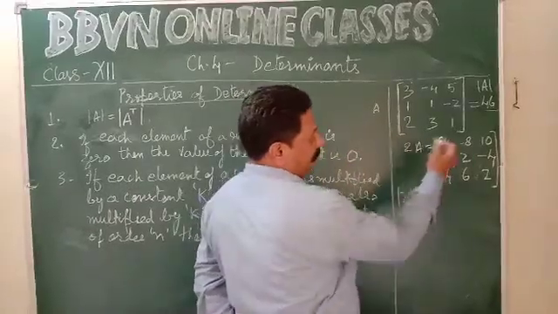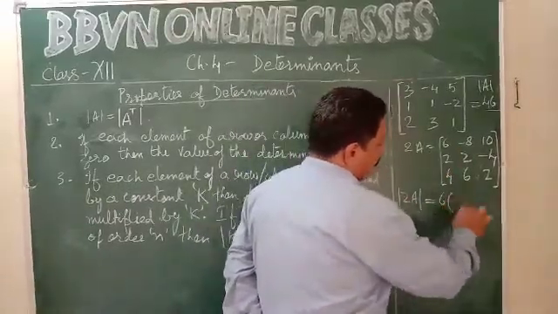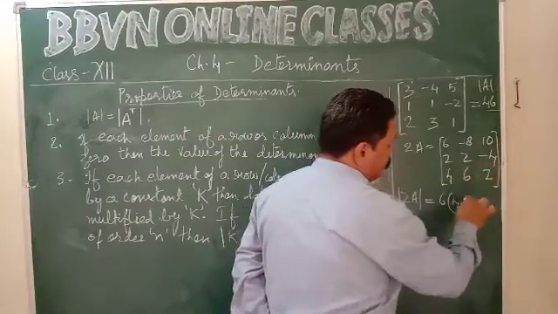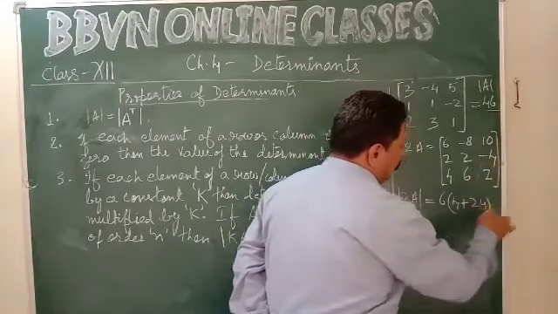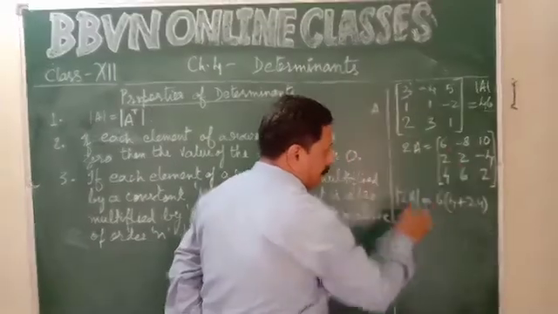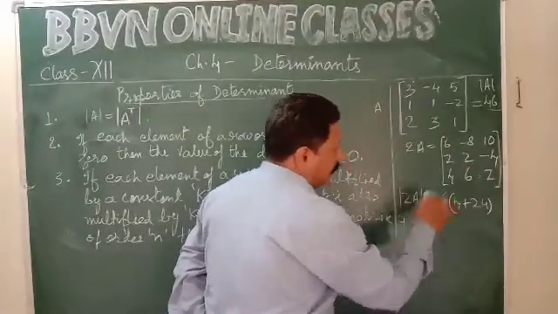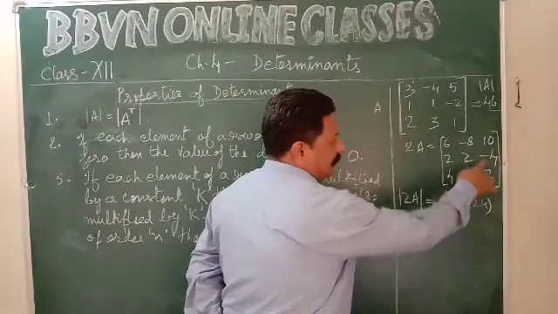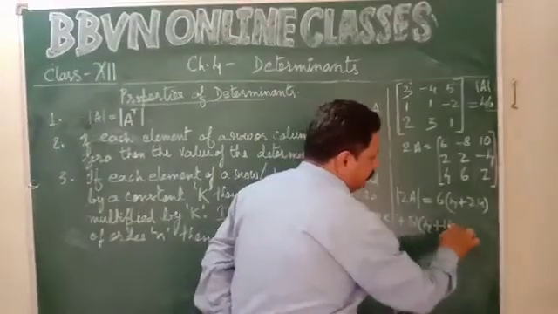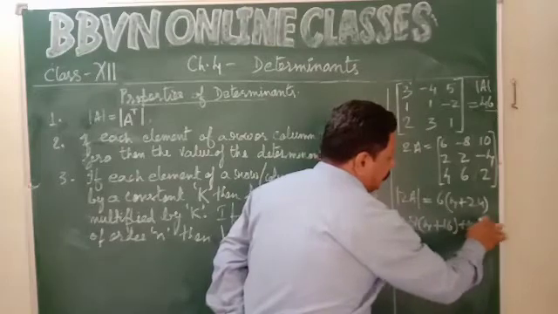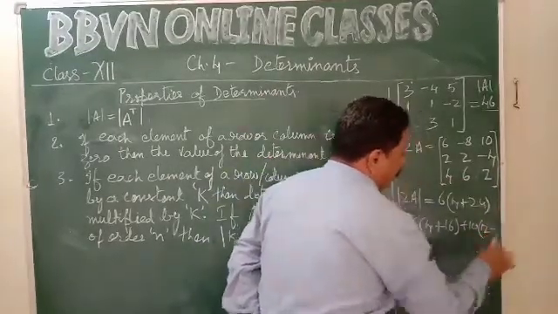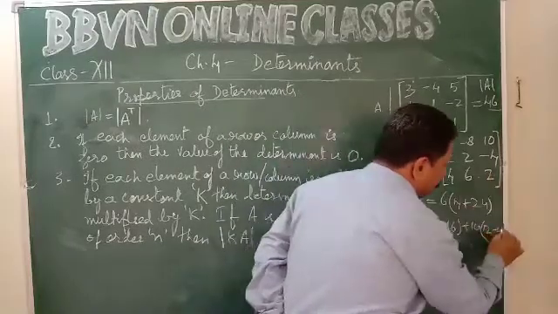Let us find out determinant of 2A. Okay, determinant of this matrix. So 6 times 4 minus 24 becomes plus 24. Next element will be minus of minus 8 is plus 8 multiplied by 4 minus 16 becomes plus 16, plus 10 multiplied by 12 minus 8.